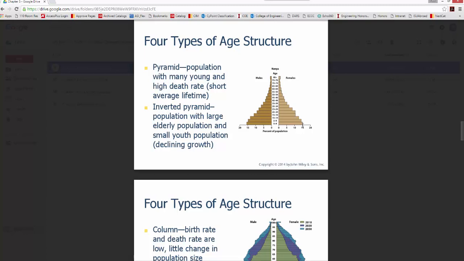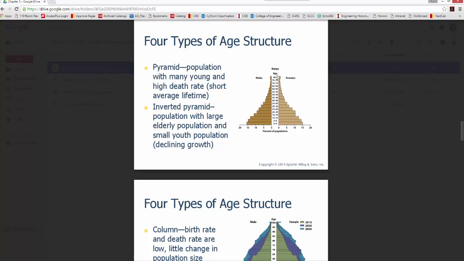Those females that are under the age of 4 make up roughly 15% of the population. So between these two, you see that 31% of the population is made up of newborn to 4-year-olds. And in fact, that is the highest population structure in Kenya, is made up of children under 4.